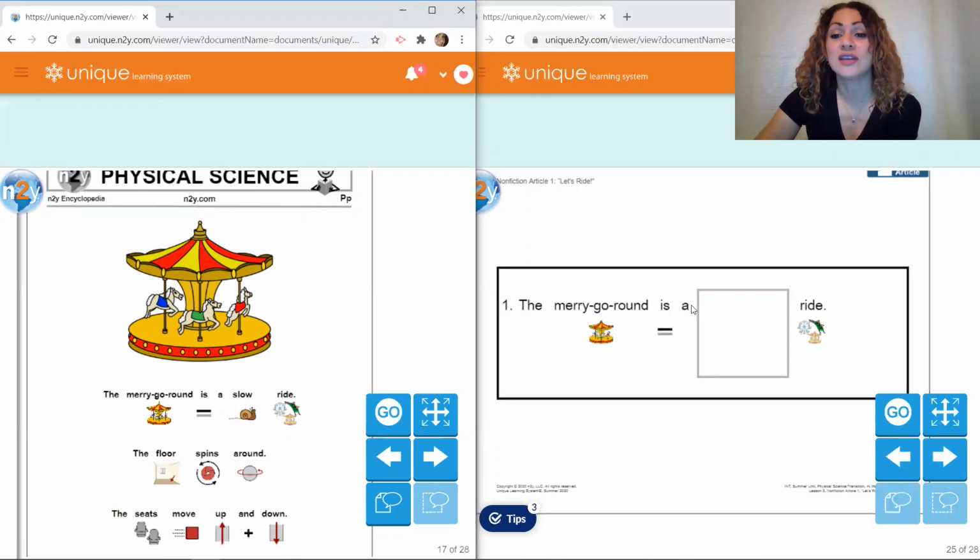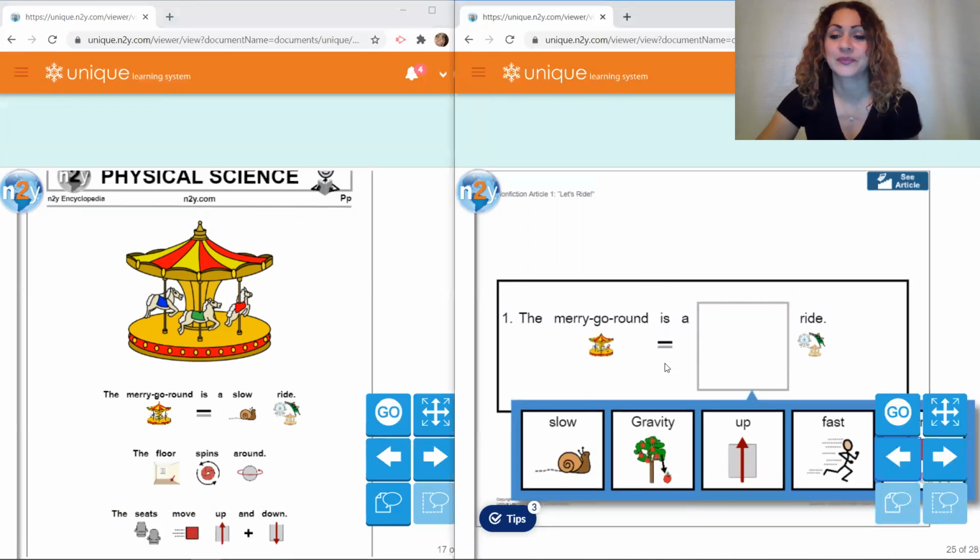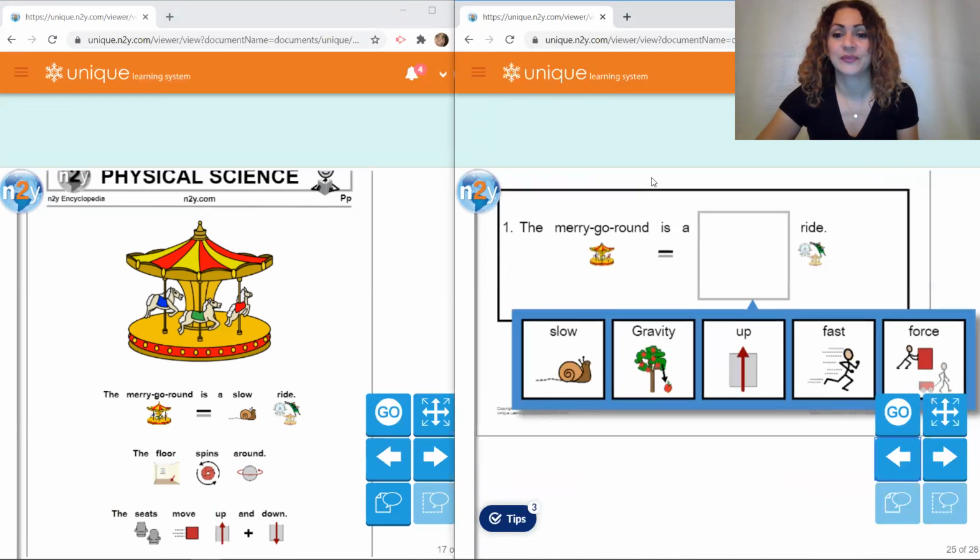The merry-go-round is a slow ride. The merry-go-round is a gravity ride. The merry-go-round is an up ride. The merry-go-round is a fast ride. Or the merry-go-round is a force ride. What do you think?